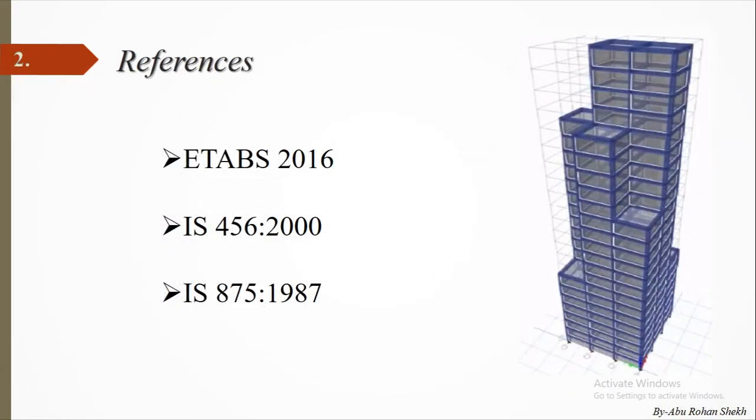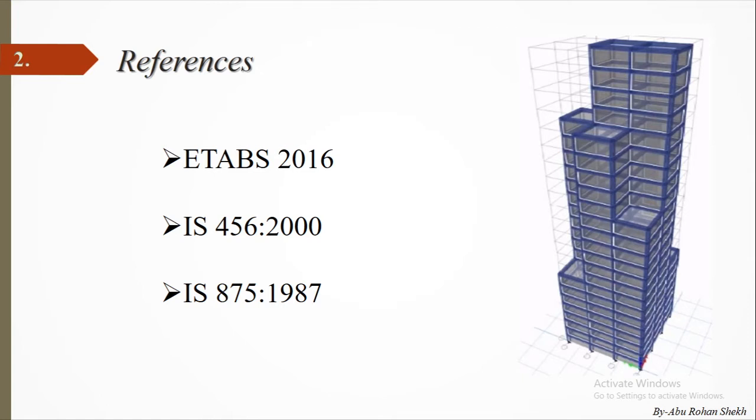So in this video, I have taken some references. First of all, obviously the software ETABS 2016. It is not mandatory to use the 2016 version of ETABS, we can use the higher versions also. I have taken reference from Indian Standard 456:2000, the practice code for plain and reinforced cement concrete.